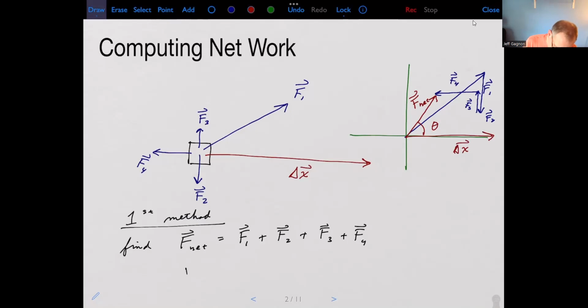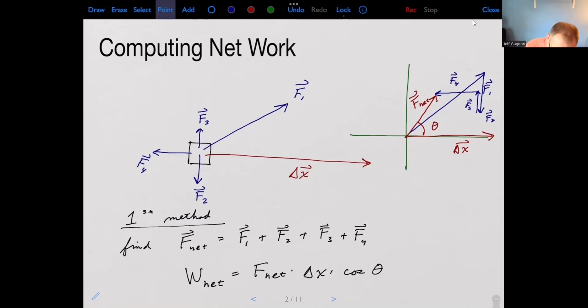So the net work, I'll say W net, is going to be the net force times the displacement times cosine of the angle, just like before, but now the angle is the angle between the net force and the displacement. Okay, so that's one way you could do it. You could add up all of the forces first and then just use your original definition for the work done. It's the force times the displacement times cosine of the angle between them.